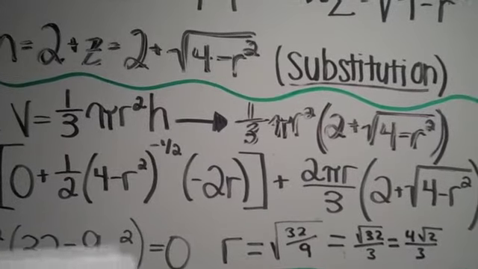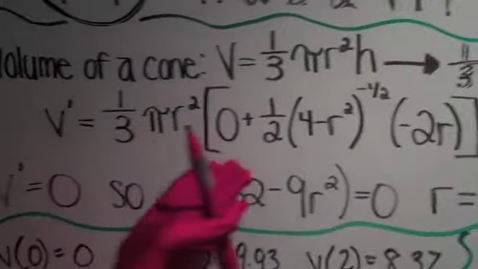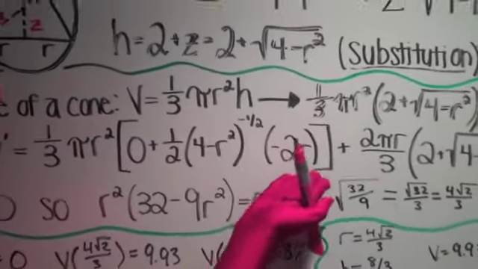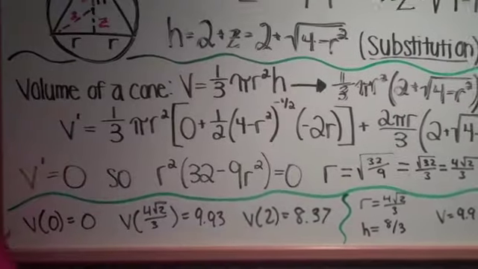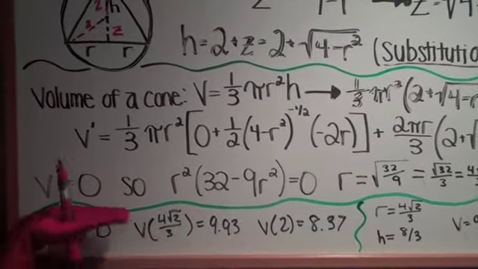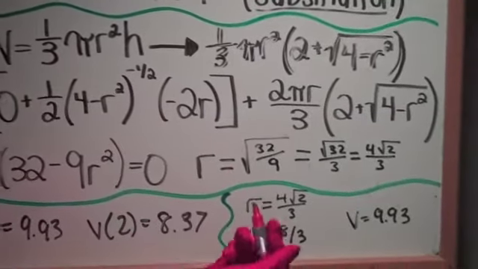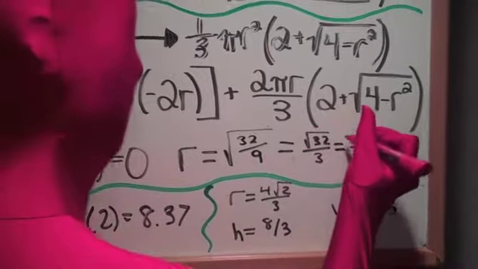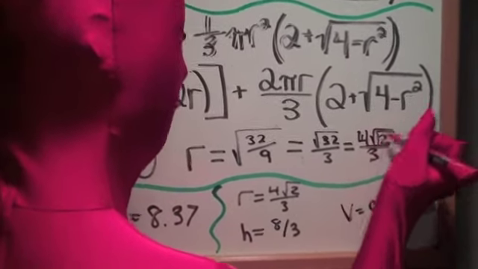Now differentiate the equation using the product rule and the chain rule to give you the following equation. Now, setting v prime equal to 0 will yield the answers r equals 0 and r equals 4 radical 2 over 3. These are the critical points.